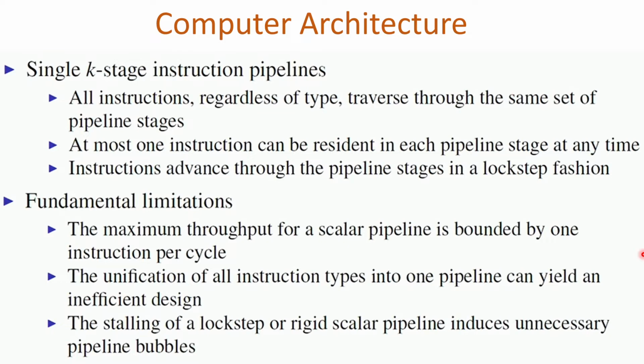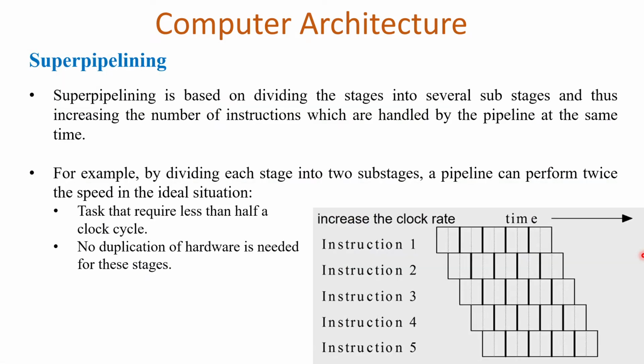So if we think about the improvement of the pipeline, it's very natural that we have to go for some advanced pipeline. Now how this advancement can be done and what are the difficulties that can arise, we will see in this class. So we will start with the first advancement of the pipelining that we call superpipelining.